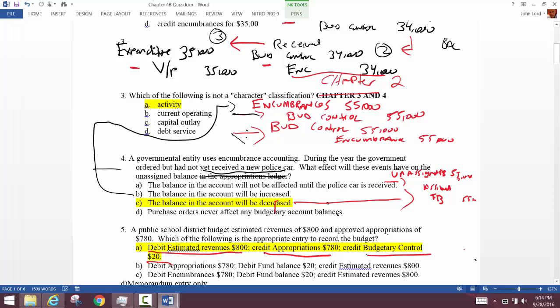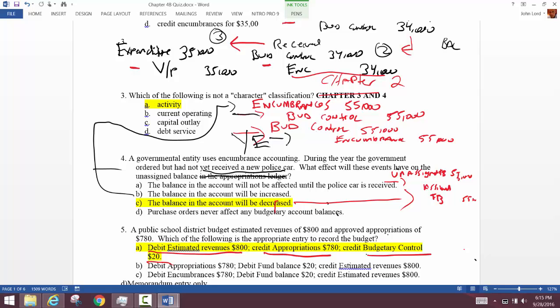So at year end, the reason I got mistaken is that it's the same entry that we would have made if it came in, isn't it? We debit the budgetary control, we credit the encumbrance for the original amount. We have to close out all of our encumbrance entries that are still outstanding at the end of the year.